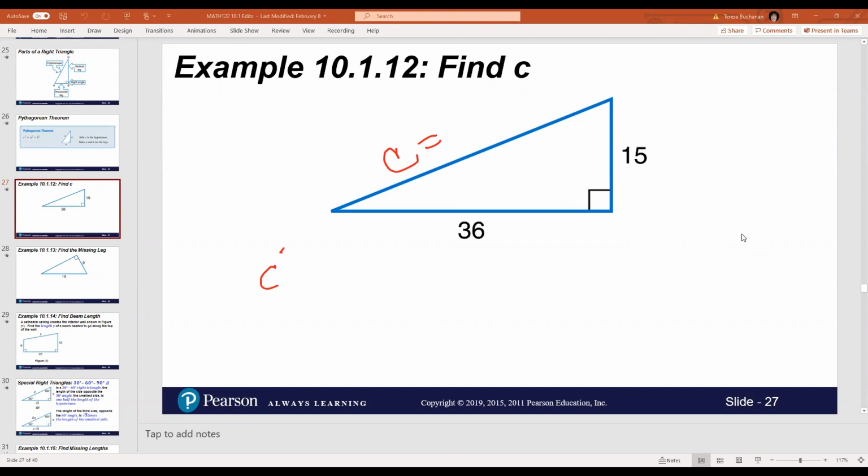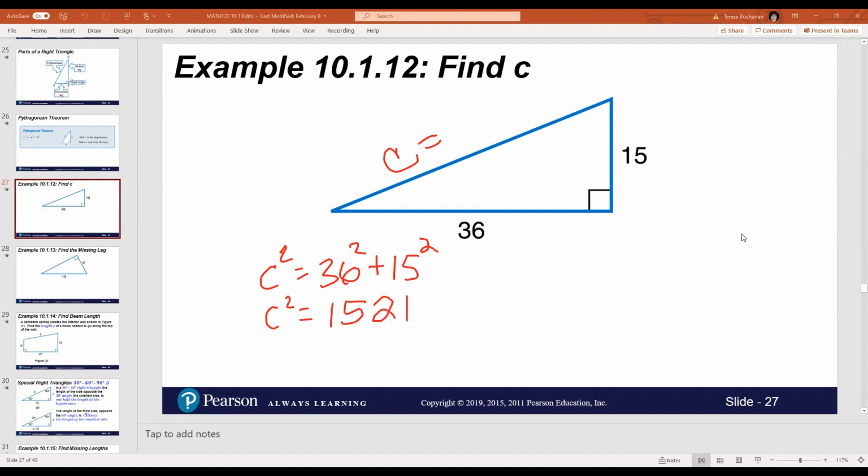C is always the name for the hypotenuse. So C squared is equal to A squared plus B squared. It does not matter which leg is called A and which is called B. It makes no difference at all. So we've got this 36 squared plus the 15 squared amounts to 1521.